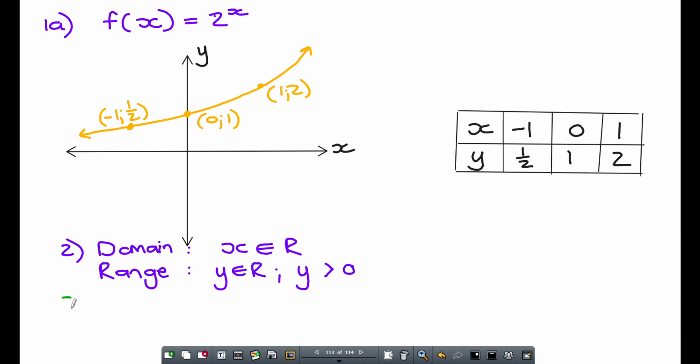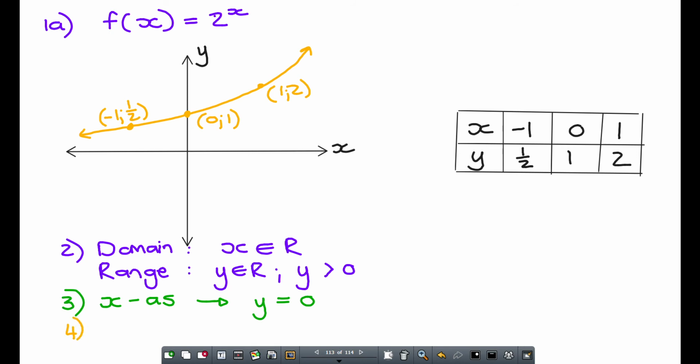Okay, then number 3. Nommer 3 sê hulle vir my die vergelyking van die horisontale asymptoot. Nou daai horisontale asymptoot is mos maar eintlik my x-as, nee. En sy vergelyking gaan wees y is equal to 0. Right? Then number 4.